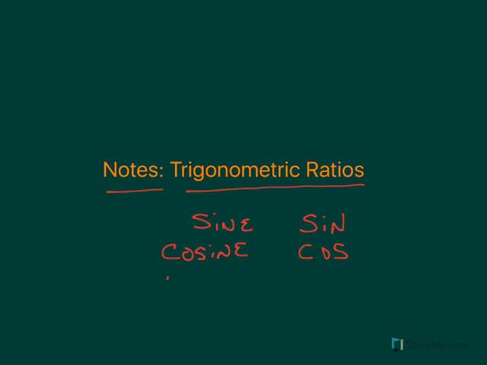And the third one is going to be tangent, and we abbreviate that TAN. So those are going to be our three basic trigonometric ratios that we're going to look at on a right triangle.